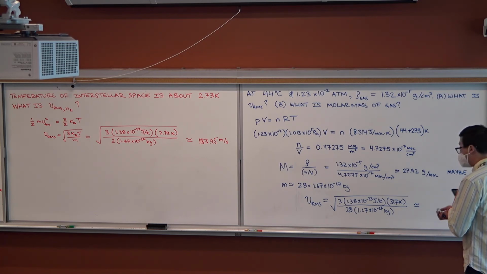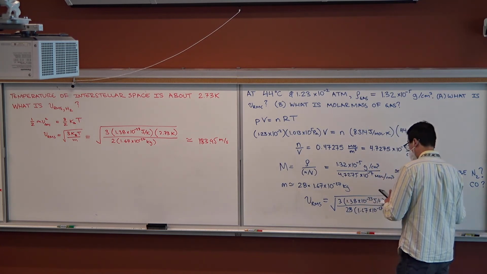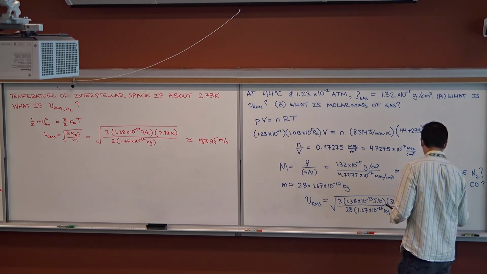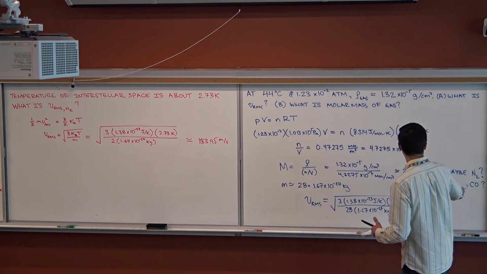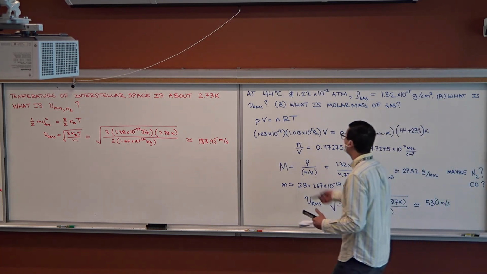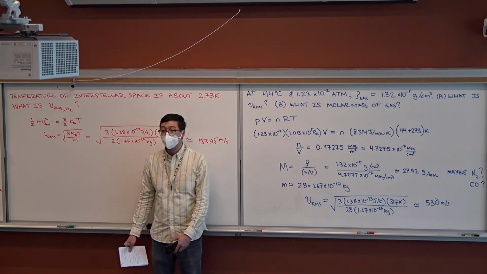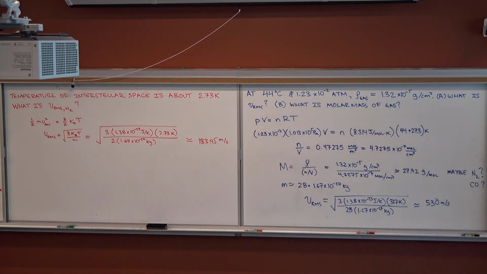I'm getting about 530. That seemed in the ballpark. 529.8. So the root mean square speed of nitrogen at 44 degrees Celsius at a fairly low pressure, right, is about 530 meters per second. Fairly high.